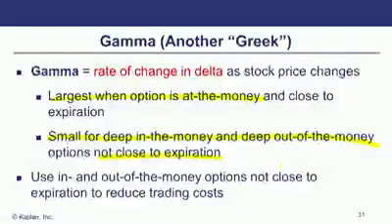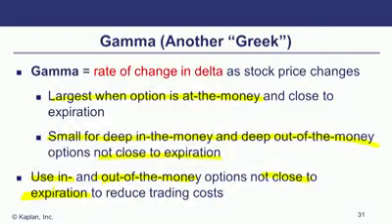So to minimize trading costs, you want to use either in or out of the money options, not close to expiration, because those options will have low gamma. And as we said earlier, remember gamma is acceleration. If we've got low acceleration, our speed is not changing, which means our delta is not changing.